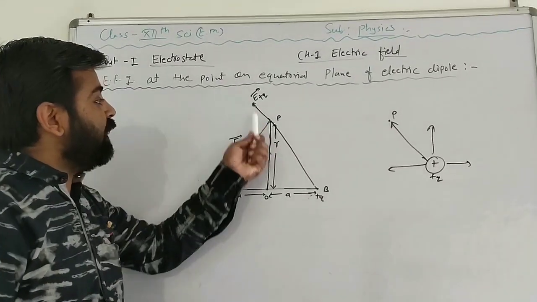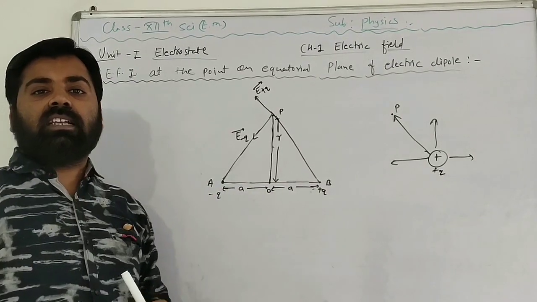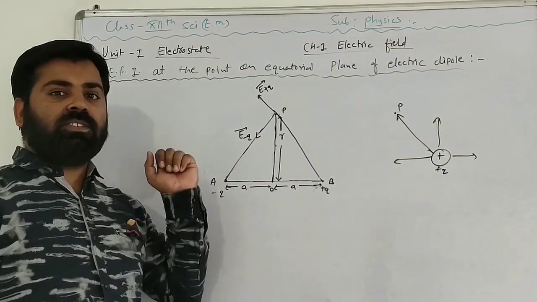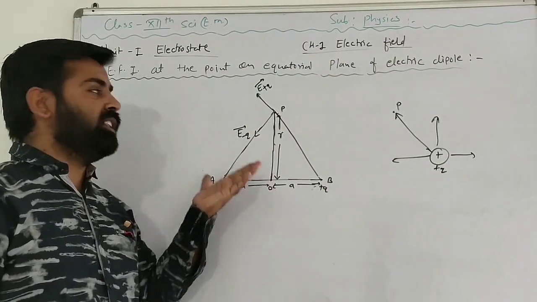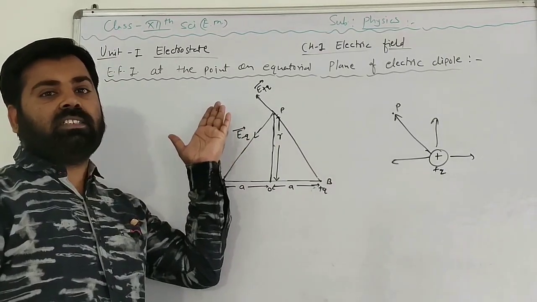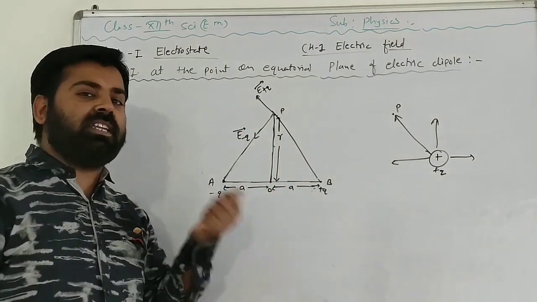As E plus Q vector and E minus Q vector are at theta angle, we have to resolve these vectors into their horizontal and vertical components.